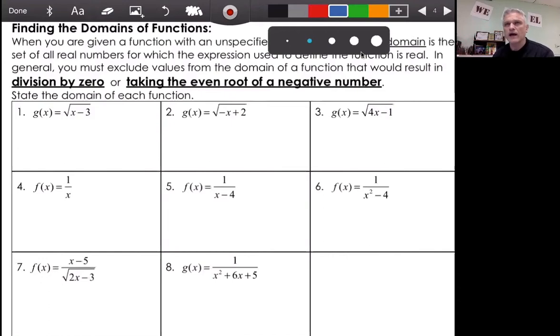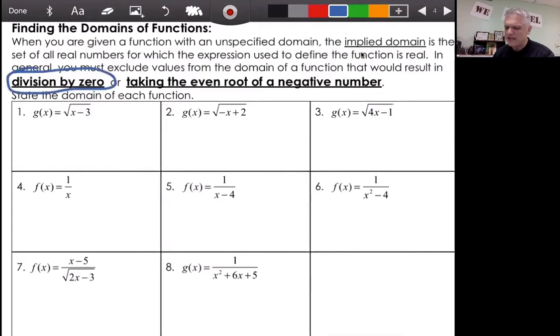So when would you not have a real number? There are two times. There are two instances. One instance, and we bolded it and underlined it. One instance is if I have an x that makes it so that I'm dividing by 0, that's not a real number. The second instance is if I have an x that's going to make it so I'm taking an even root, like a square root of a negative number.